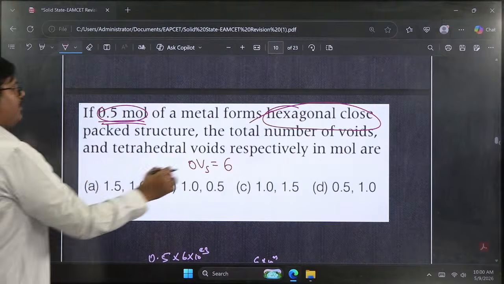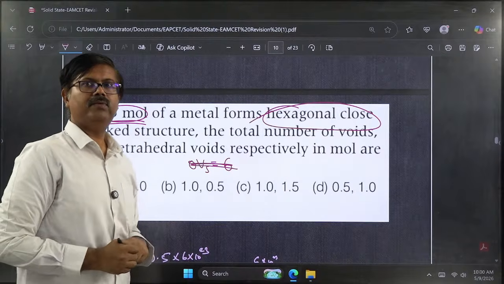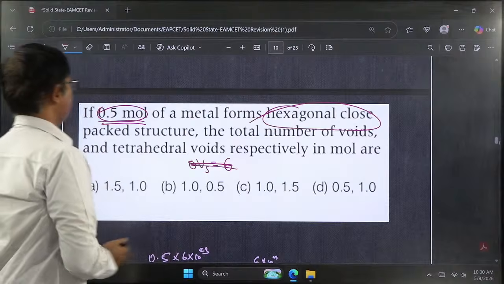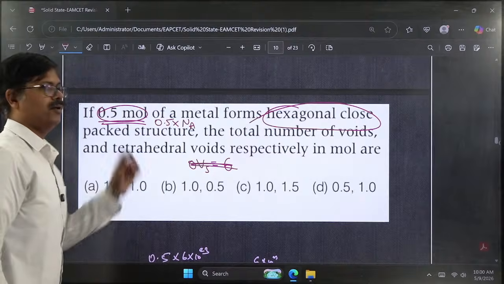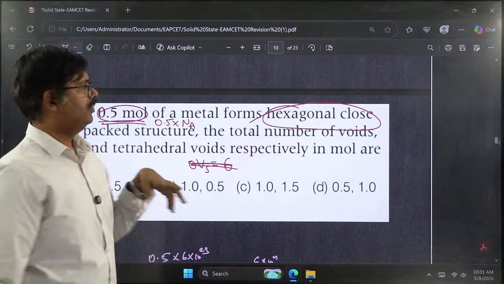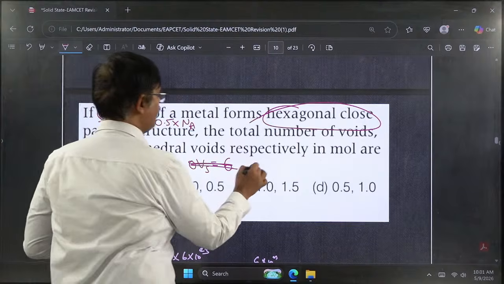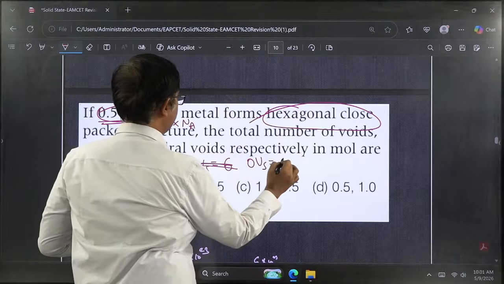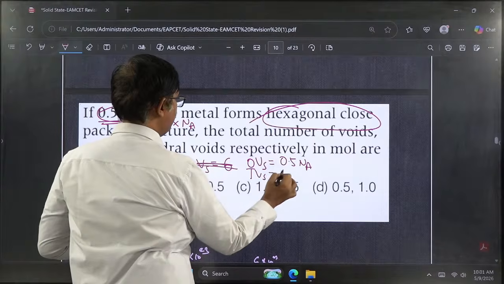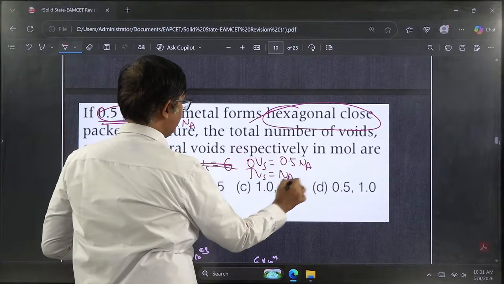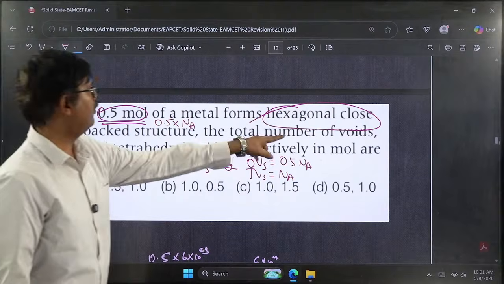So 0.5 moles, if you take, how many atoms will be there in that 0.5 moles? 0.5 into Avogadro number is the total number of atoms present. Now OVs also will be the same as the atoms number. So octahedral voids will be 0.5 into Na, and tetrahedral voids will be double of this, means Na. Now answer the question. Total number of voids, how many?